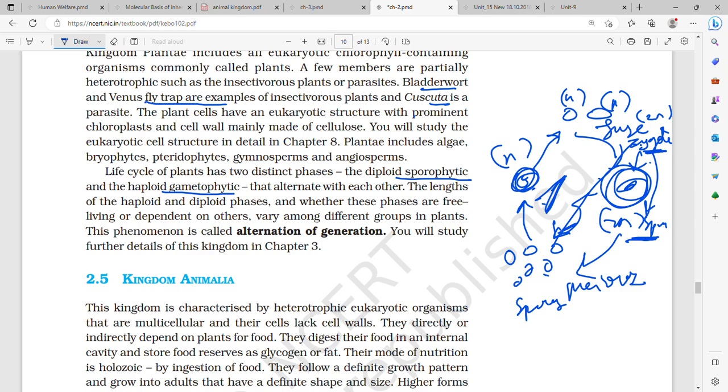In bryophytes also the main plant body is haploid. Then in pteridophytes, gymnosperms, and angiosperms, it is diploid. In pteridophytes though, there is haplodiplontic cycle, whereas gymnosperm and angiosperm are diplontic, and these two are haplontic.